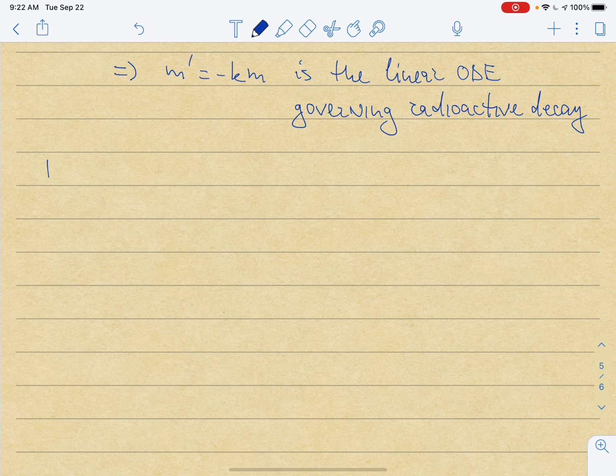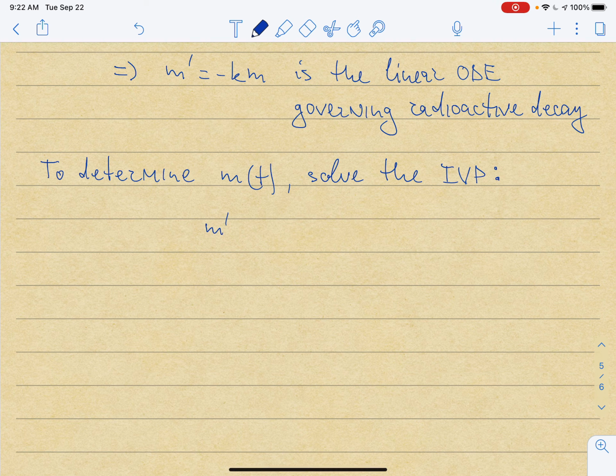So to determine that, we need to solve the initial value problem. m prime of t is equal to minus km, and m of 0 is equal to m0.